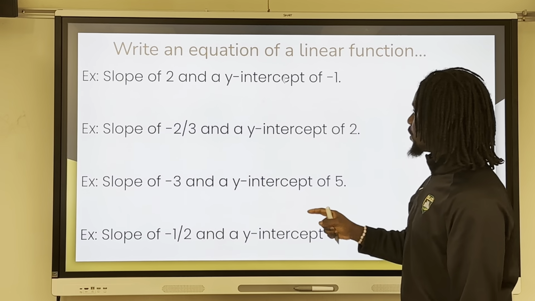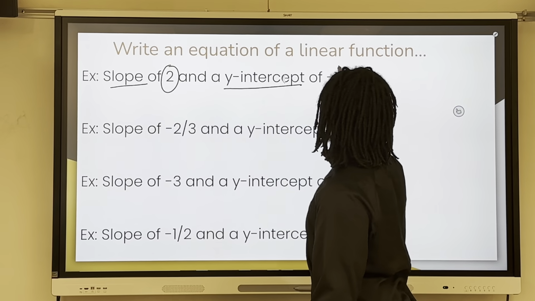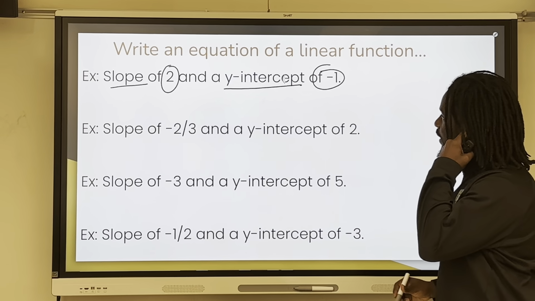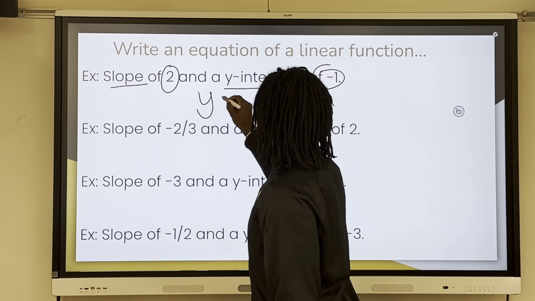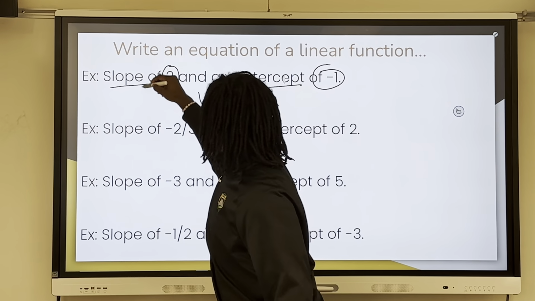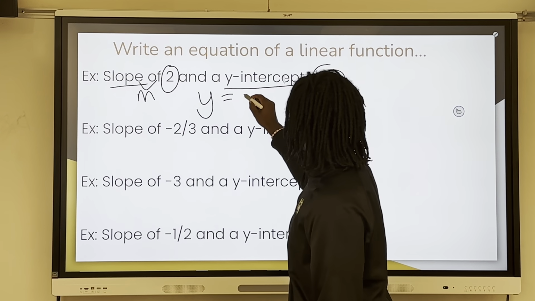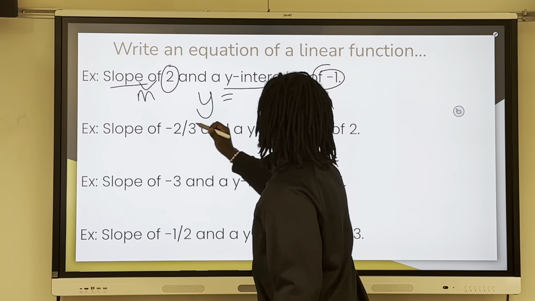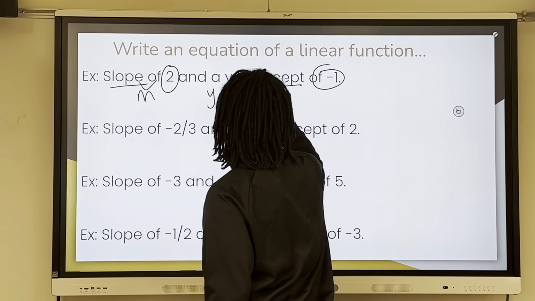In example number 1, the slope is 2 and the y-intercept is -1. To write an equation, let me show you this. We're always using y equals mx plus b.